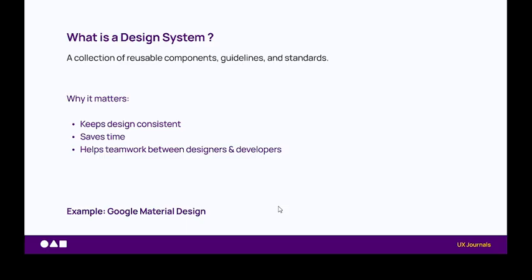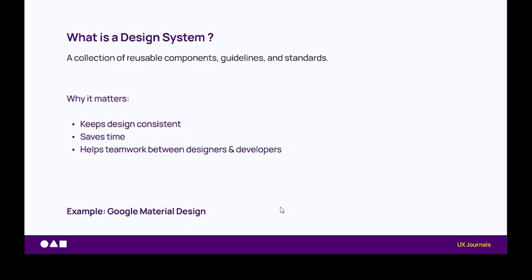Because you work with developers, for them to also know the specific parameters you have used in the design, that's why we create these design systems for them to also have something. And in the design system, you have the guidelines and then the standards, so they follow to code it according to what you designed.